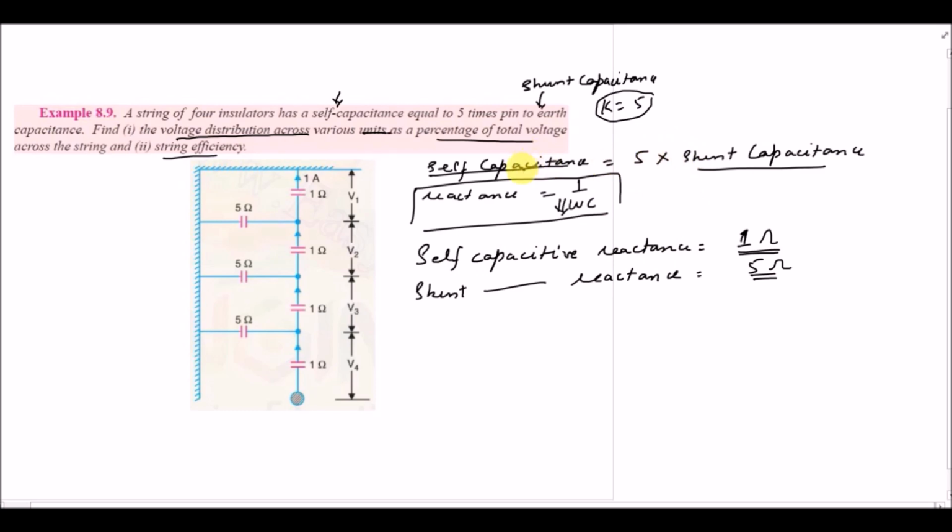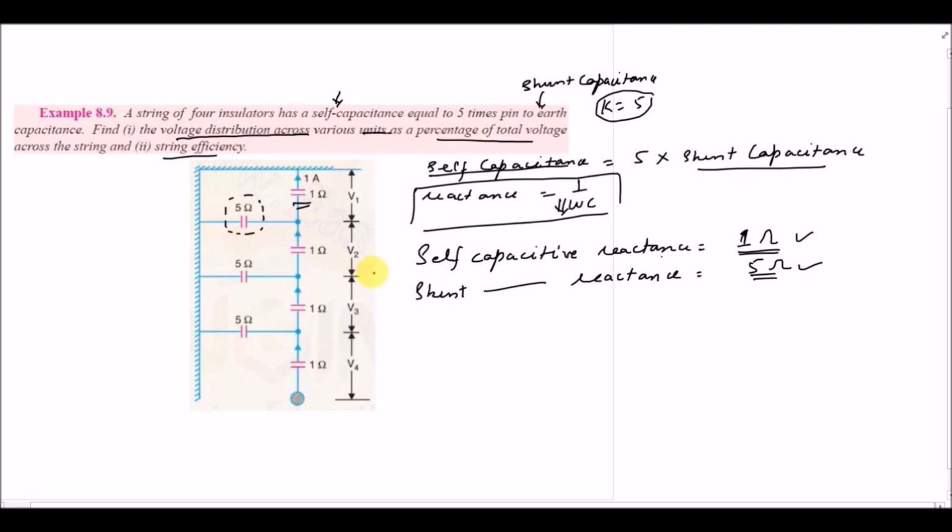In this case the self capacitance was 5 times larger, but in the formula of the reactance the capacitance is in the denominator. So I have assumed the self capacitive reactance is 1 ohm, and the shunt capacitive reactance will be 5 times more than the self capacitive reactance.